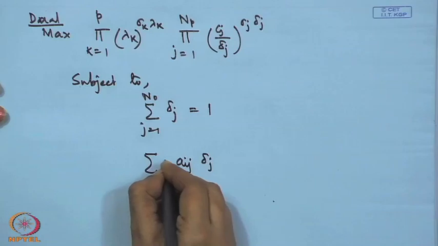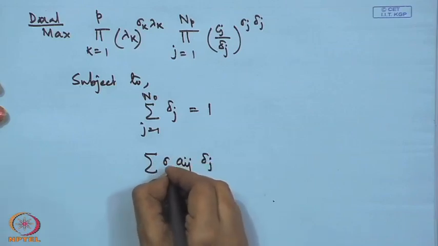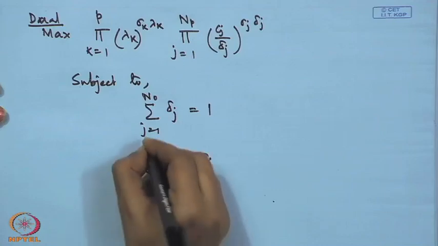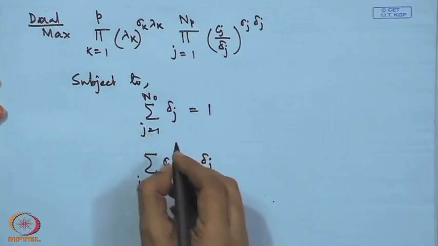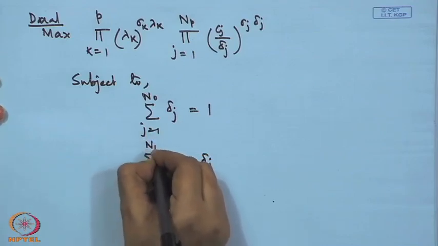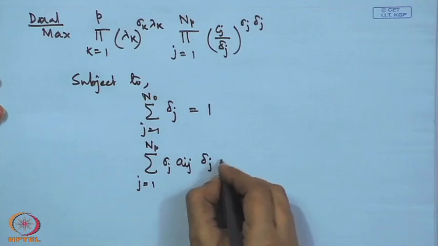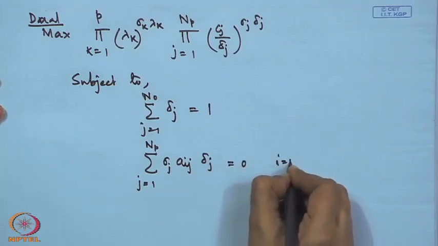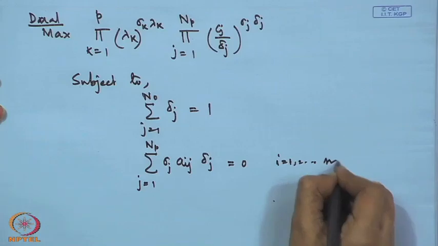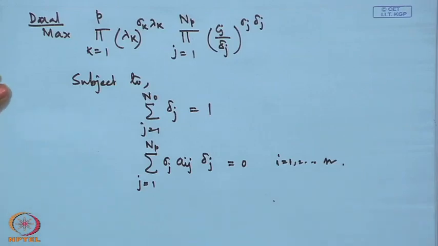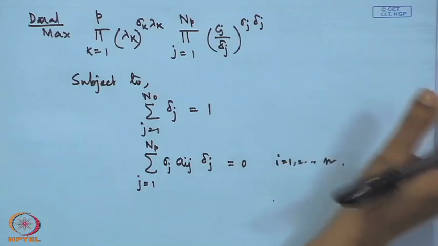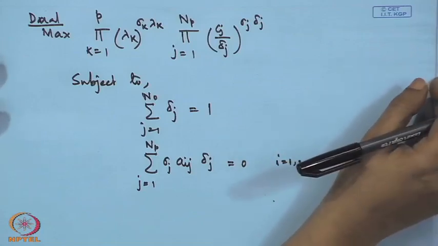Here we will consider the signum function sigma j, with j from 1 to np, equal to 0, for i equal to 1 to n. Here also the degree of difficulty would be the total number of polynomial terms minus the number of decision variables minus 1.